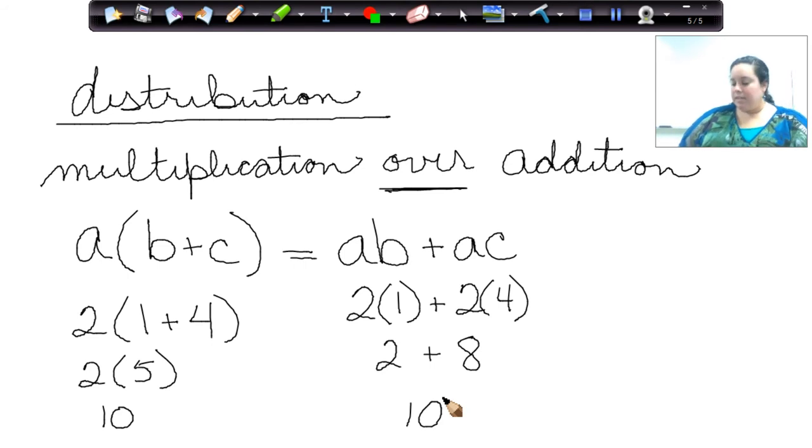So in the case of actual numbers, distribution definitely works out. It works out with variables as well. And you'll see, and I'm sure you've done it in the past, we need distribution when we deal with variables because we won't be able to work inside the parentheses because we won't have like terms.